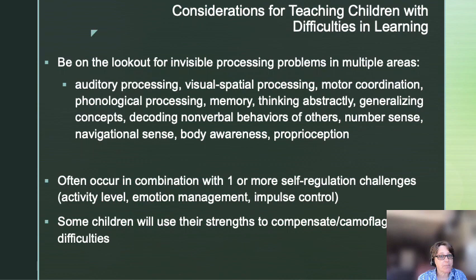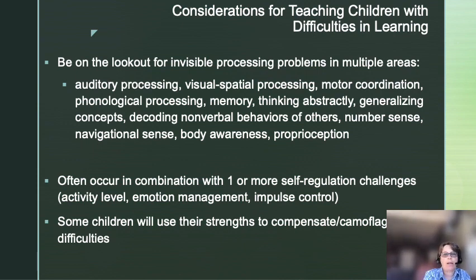The more you know about the specific processing problem, the more you can consider which accommodations and adaptations make the most sense. So if, for example, you're working with a child who has a difficulty in visual and spatial processing, then you are not going to use visual cues as often to support new learning. You're going to have to, in fact, teach that child how to use visual information to make sense of their environment.